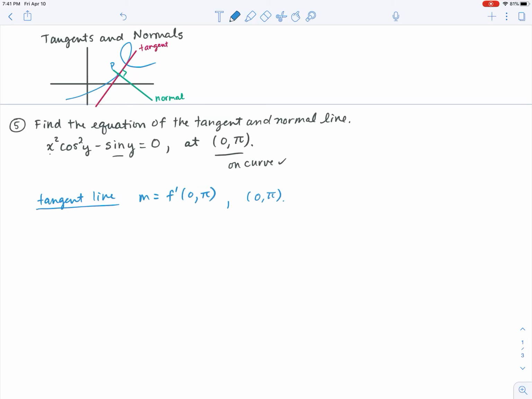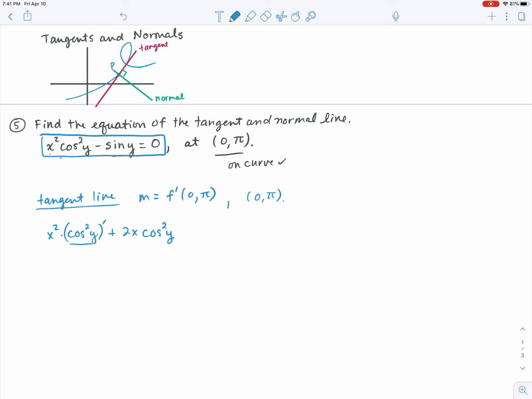So here's my function, or I keep calling it a function when it isn't, because there's another cosine y, so it's not a function. We want to take the derivative of this first term, and you can see there's a product. So let's leave x squared alone and take the derivative of cosine squared y, plus 2x times just cosine squared y.